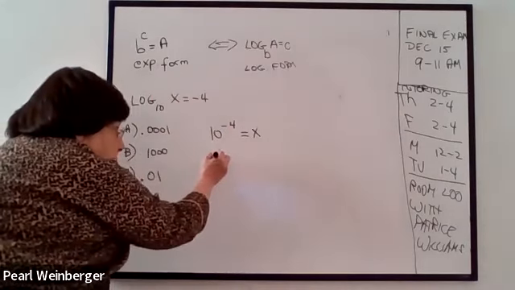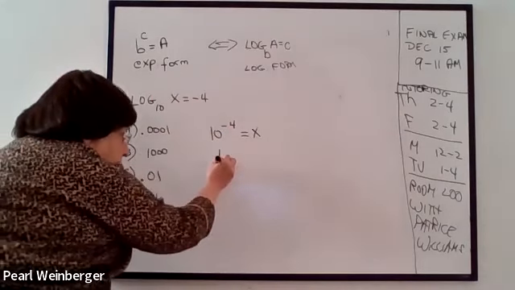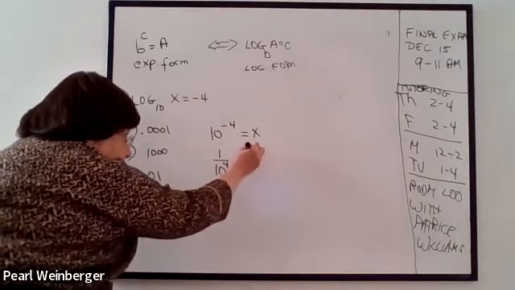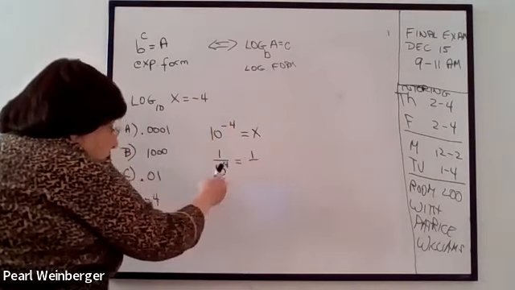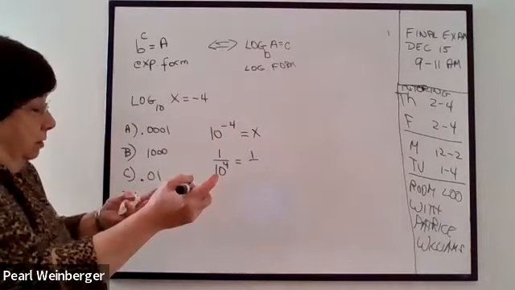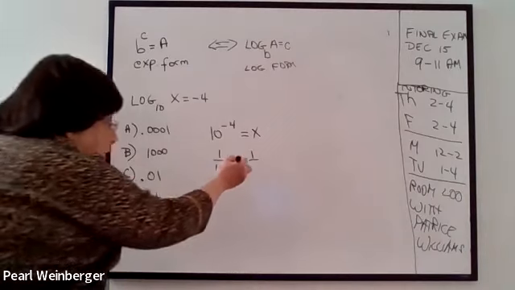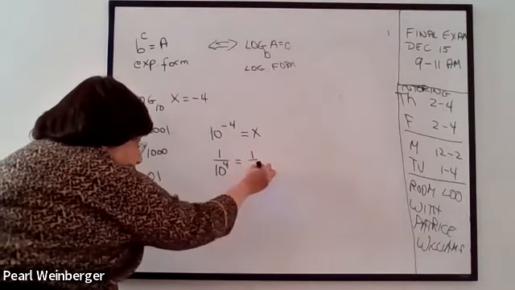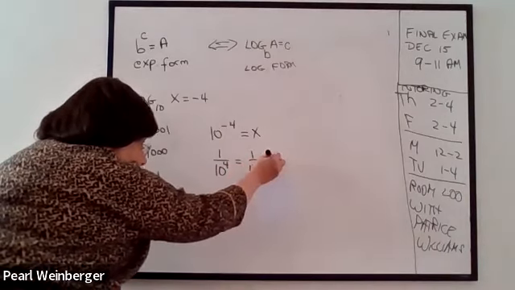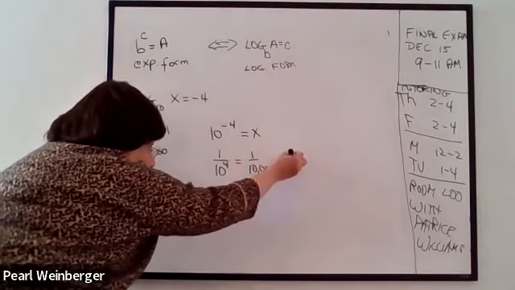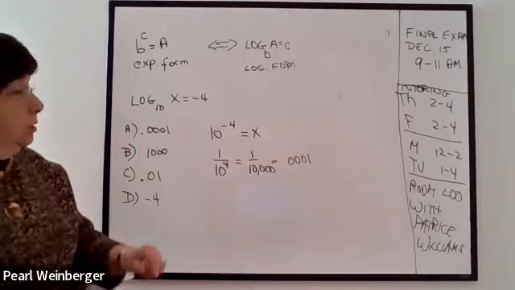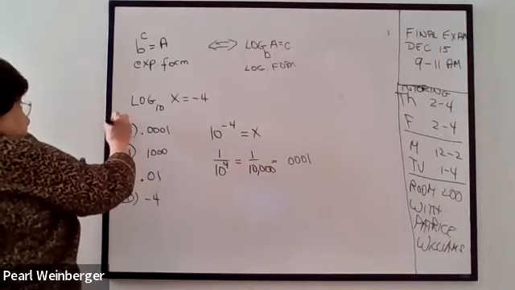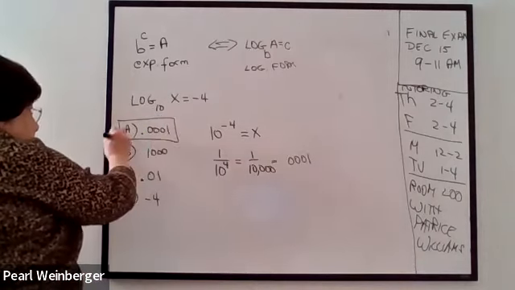That means it's 1 over 10 to the 4th power, which means it's 1 over 10 times 10 times 10 times 10, which is 10,000, which in decimal form is 0.0001. So your answer is choice A.